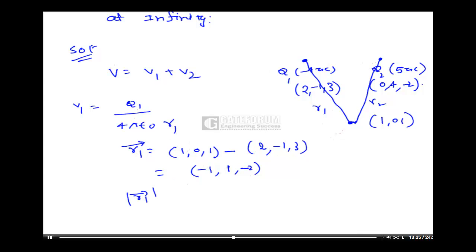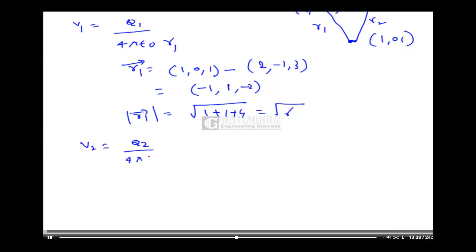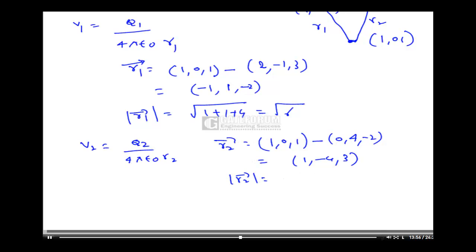The magnitude of R1 is square root of 1 plus 1 plus 4, that is square root of 6. Similarly, V2 is equal to Q2 by 4 pi epsilon naught R2. R2 is (1, 0, 1) minus (0, 4, -2), which equals (1, -4, 3). So the modulus of R2 is square root of 1 plus 16 plus 9, that is square root of 26.